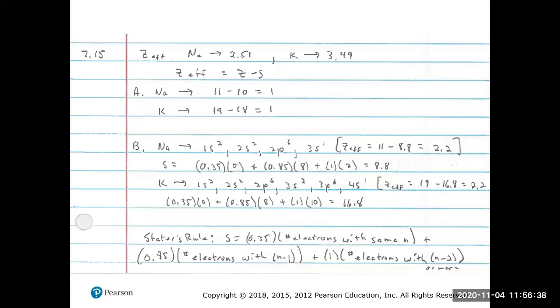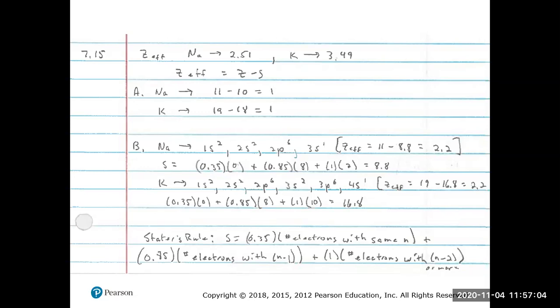Then we ask, how many electrons are in that n-1 shell? That's the 2 energy level, so we have 6 from the 2p orbitals and 2 from the 2s orbitals, a total of 8. So we would have 0.85 times 8. And then finally, we have those fully shielding inner electrons.